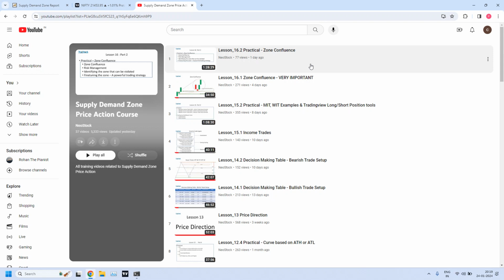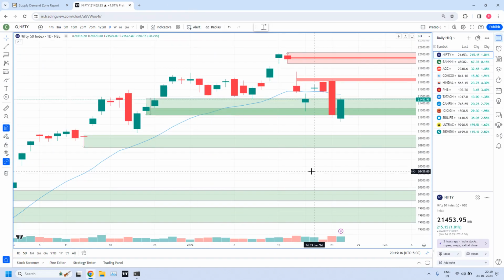Now let us get into our supply demand zone generation. Before we generate today's supply demand zones with the help of NeoStock software, let us evaluate the performance of high liquidity zones generated by the NeoStock software in our yesterday's report.